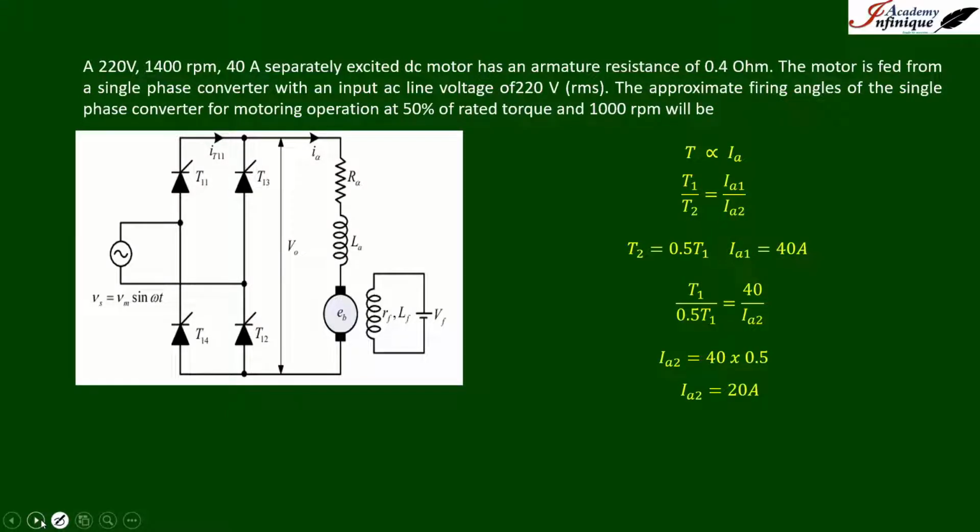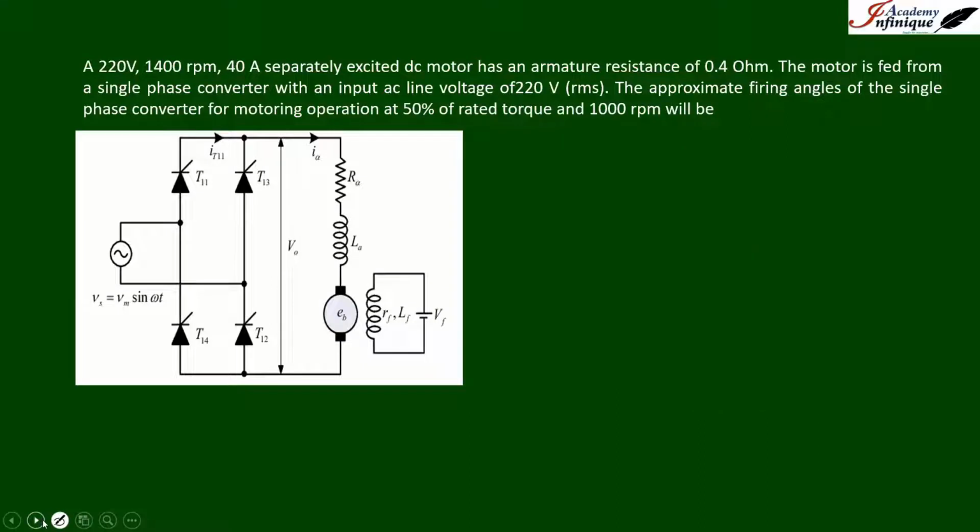Now it is required to move forward to calculate the terminal voltage. The terminal voltage equation of a DC motor is given as Vt equals Eb plus Ia Ra, where Vt is the terminal voltage and Eb is the back EMF, and the rest are denoted in standard form.